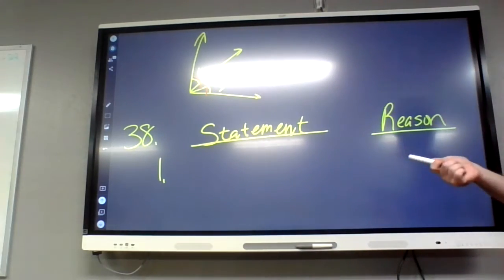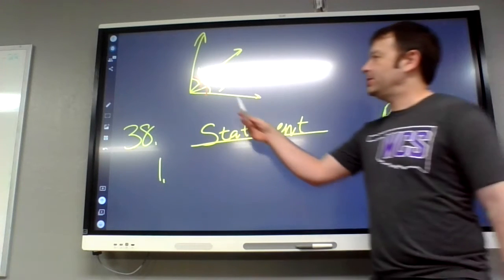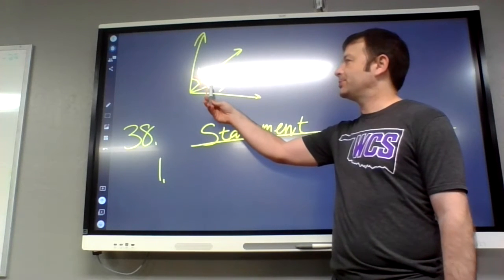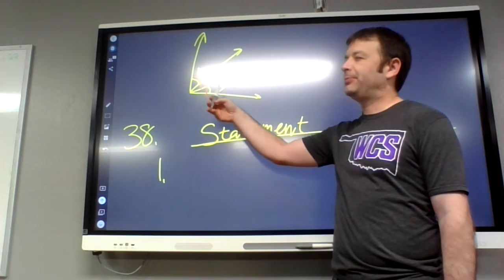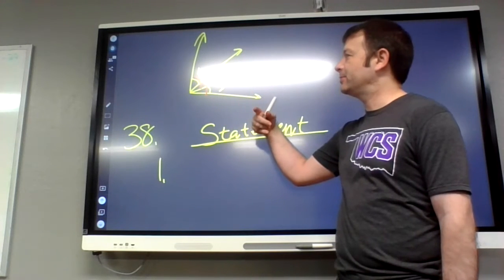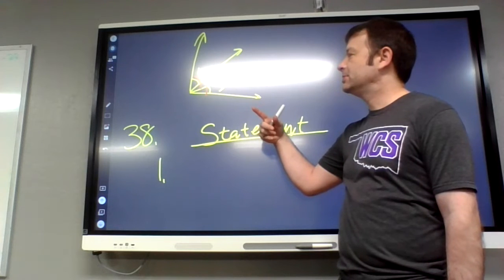So if angle 1 and angle 3 are equal, why does that mean these two medium-sized angles would have to be equal? I'm trying to make a plan to figure out how I can show that is true.